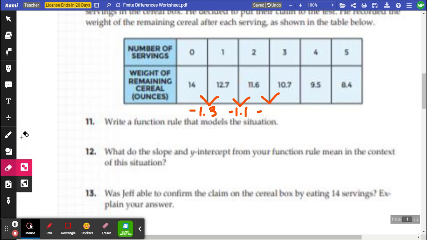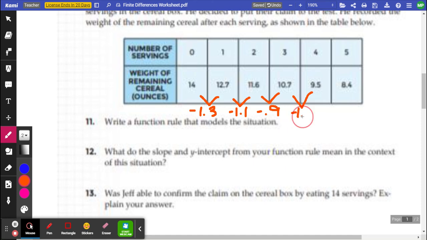No, it should be 0.9. 9.5 minus 10.7. Wait, what is it? 1.2. You're right. 8.4 minus 9.5.